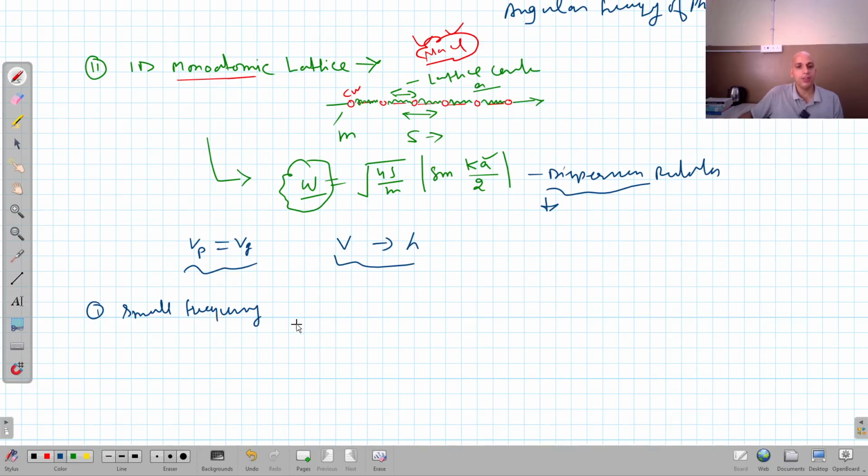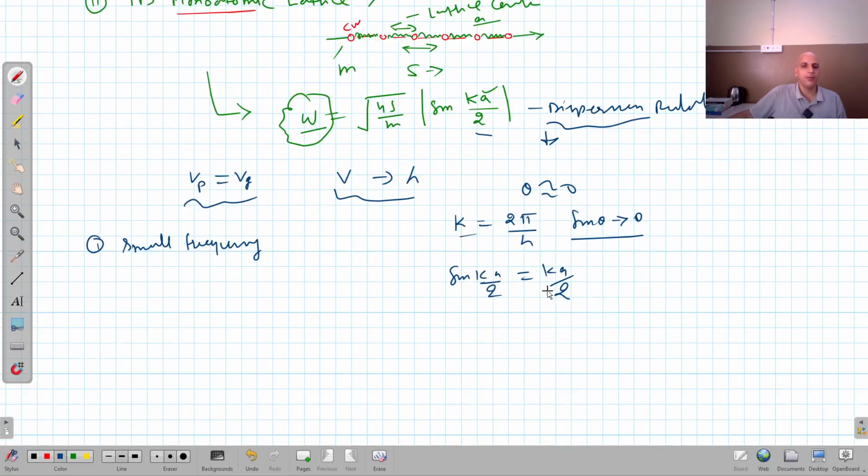So when frequencies are small, we know very well K is equal to 2 pi upon lambda, the wave vector for the phonon, so the wavelength is very large, right? So in that case, when K is small, theta tends to 0, so sine theta tends to theta, right? So in that case, sine Ka by 2, I can write as Ka by 2.